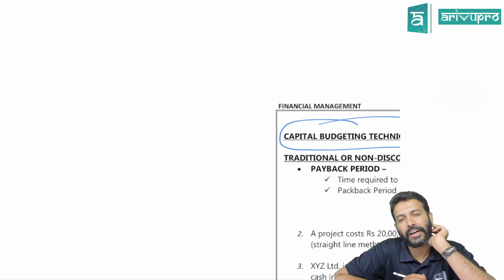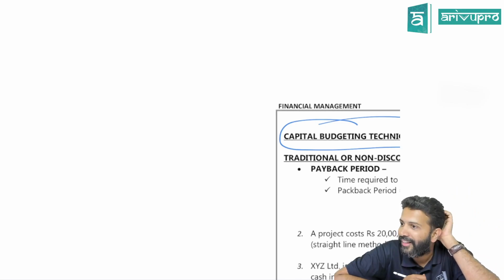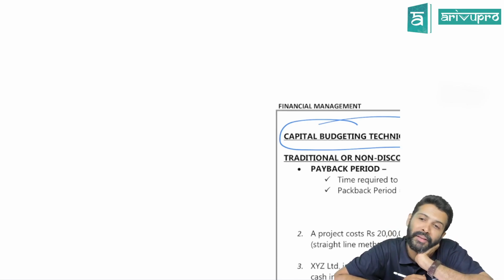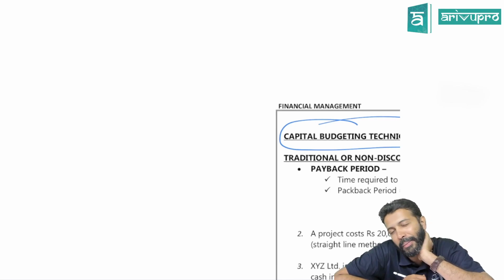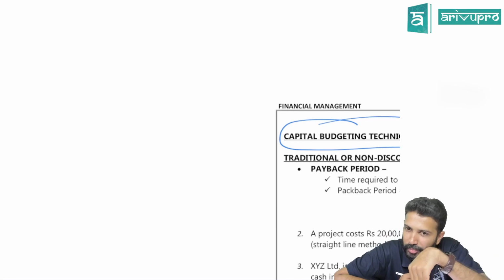The formula: lower rate plus NPV at lower rate divided by NPV at lower rate minus NPV at higher rate, the whole thing multiplied by higher rate minus lower rate. We have done enough problems.